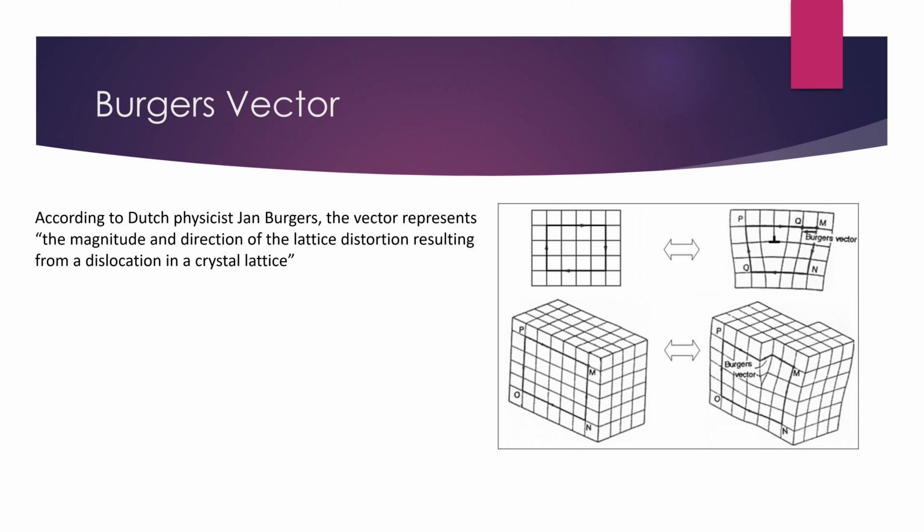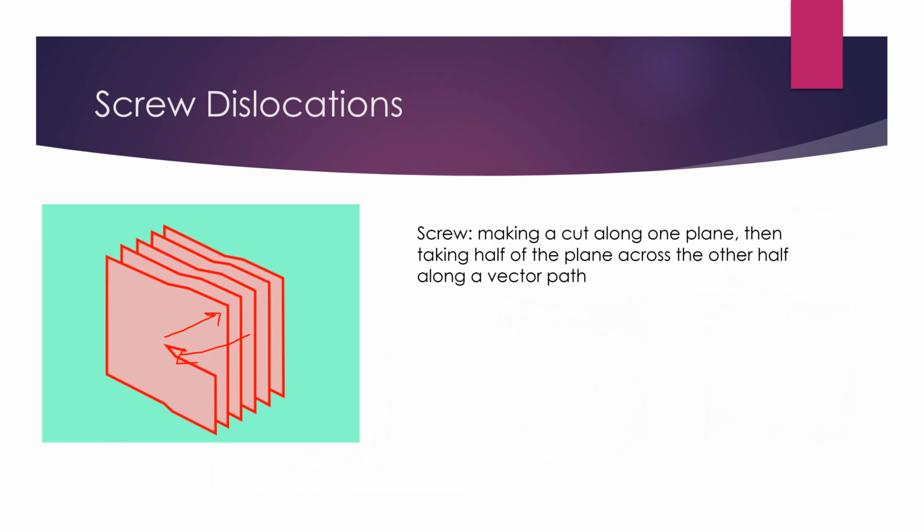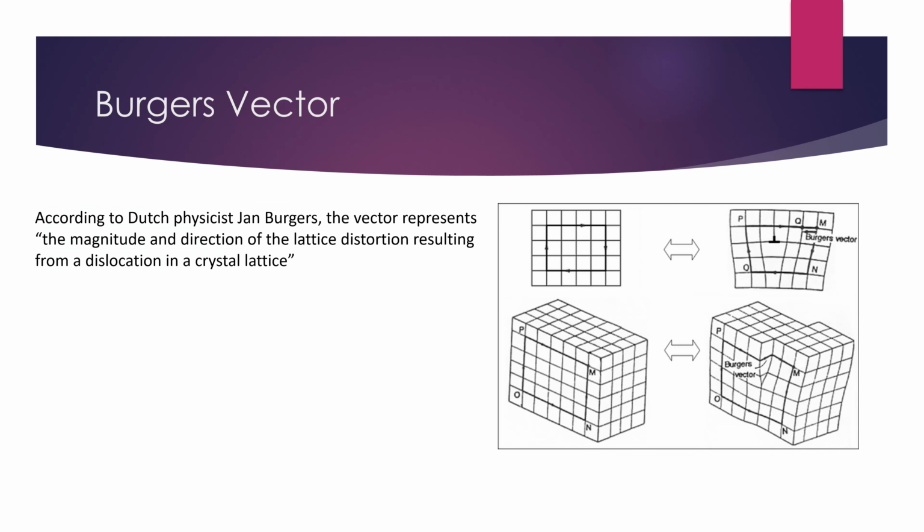According to Dutch physicist Jan Burgers, the Burgers vector represents the magnitude and direction of the lattice distortion resulting from a dislocation in a crystal lattice. So again, the Burgers vector has to do not just with the edge dislocation, but with the screw dislocation as well. But we'll focus on the edge dislocation because that's the easiest for us to visualize.